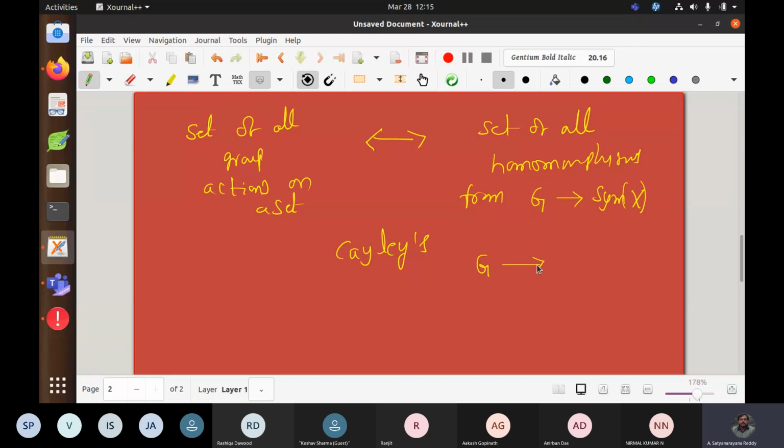There is an injective map from G to the symmetric group of some X. In the proof of Cayley's theorem, that X is in fact G. In particular, if G is finite, then it is isomorphic to a subgroup of Sn. There exists a natural number n such that G sits inside Sn. That is Cayley's theorem, right?